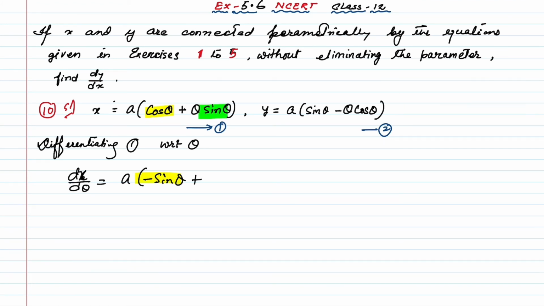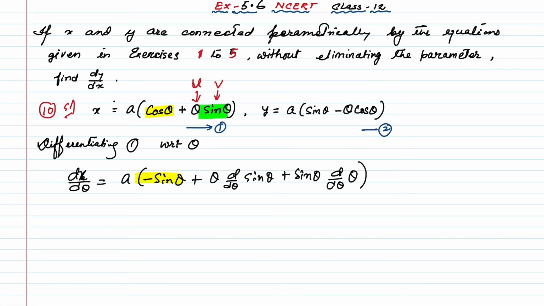one more thing, here we are going to use the product rule. This is the first function and sin theta is the second function. How to find the derivative? First function times the derivative of the second function, d theta of sin theta, then the second function sin theta times the derivative of the first function theta.